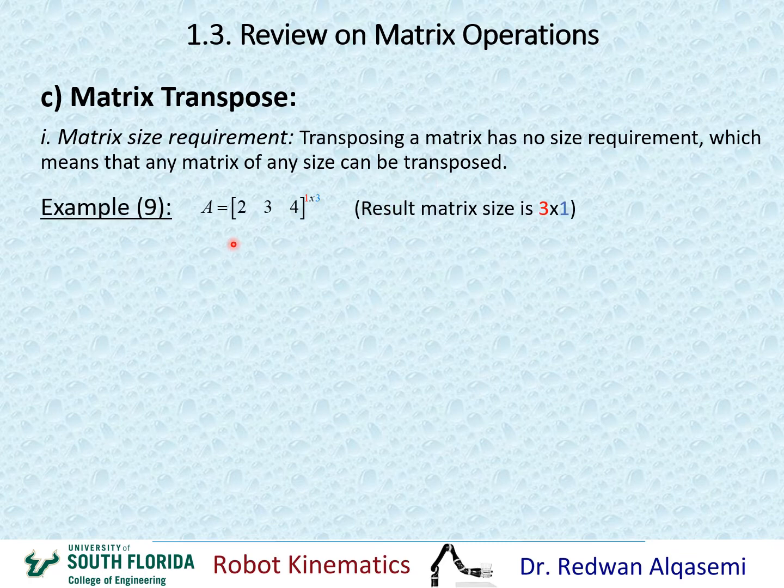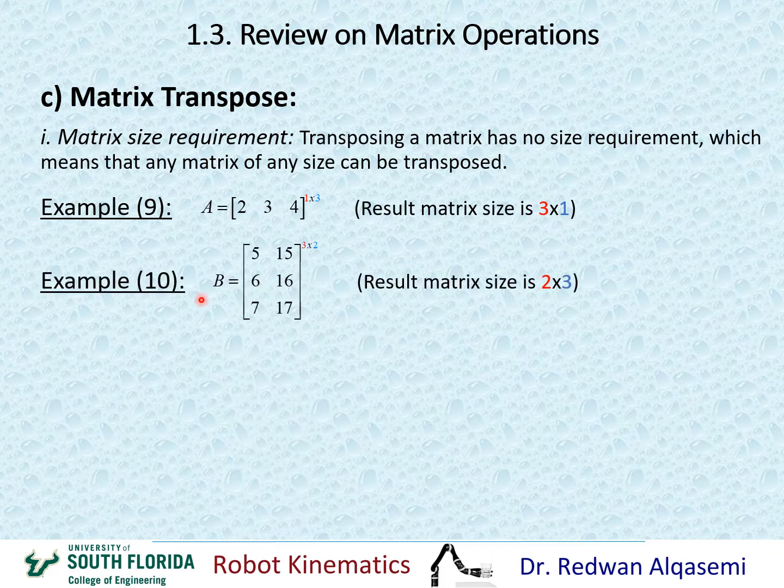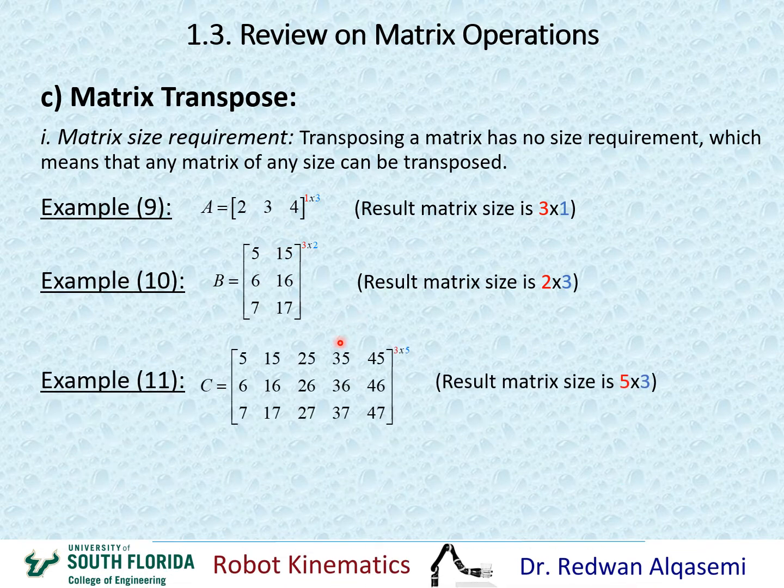Let's take some examples here. Example number 9, if A is a 1 by 3 matrix, you can transpose it and the results will be a 3 by 1 matrix or vector. Example number 10, for B, if it's a 3 by 2 matrix, you can transpose it and the results will be a 2 by 3 matrix, which is the exact opposite of the dimensions of the original matrix.